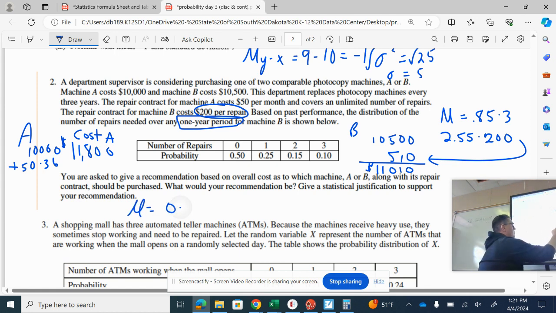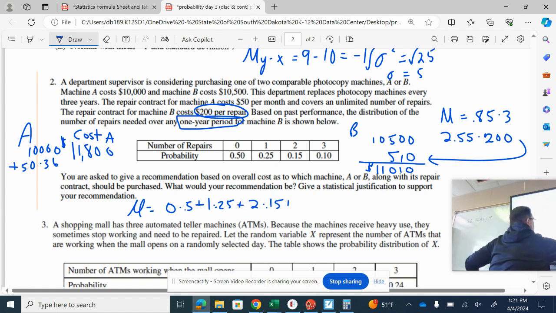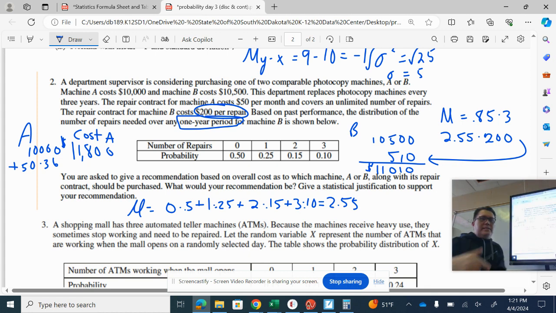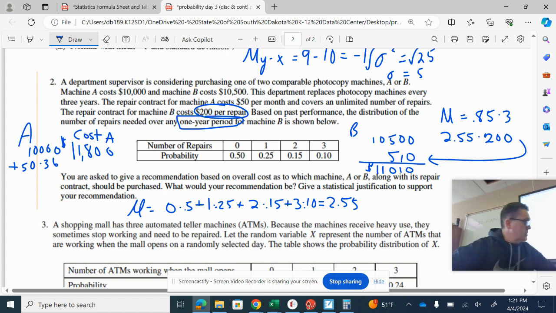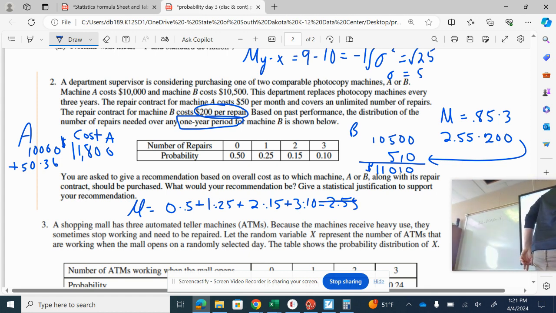We took 0 times 0.5 plus 1 times 0.25. Now, when I did this in class, I said go plus dot, dot, dot times 0.10. That's how many repairs. Again, if you didn't follow, that was the 0.85.